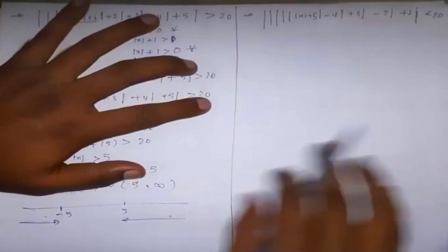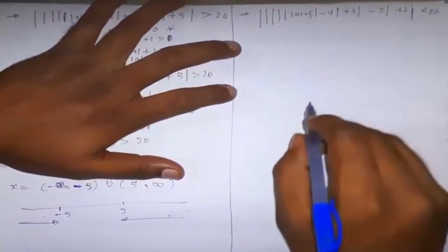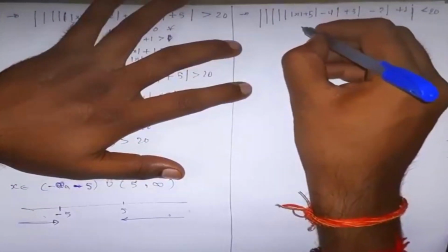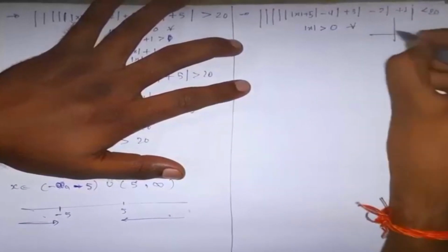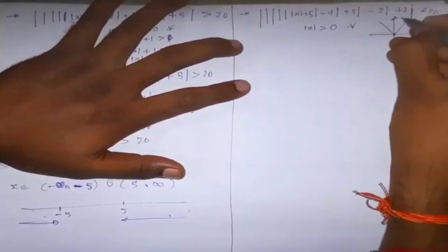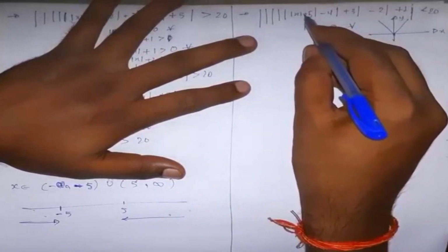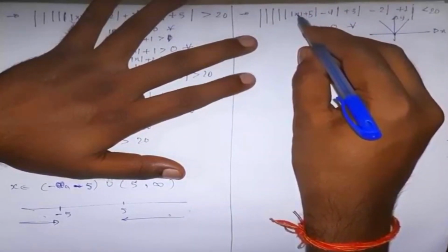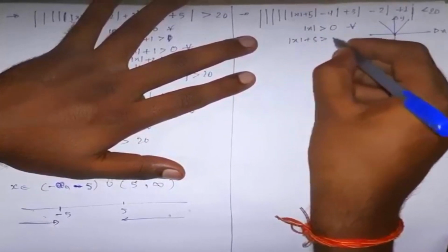Now I am taking another example. This is a little bit tricky. What will we do? We know mod of x is positive for every x, because we know the graph of this function, y equals mod of x. If we are adding the value 5 in this mod function, then this will also be positive. Then mod of x plus 5 will also be positive.